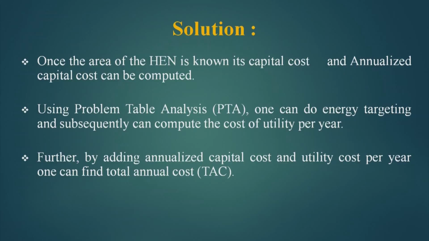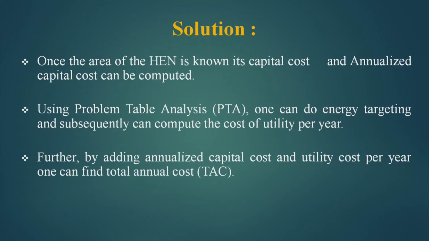Now, if all these data are known, we can do the area targeting. So, the first part will be area targeting, and based on the area targeting we will have the area of the heat exchanger network, and that area will be used to find out the capital cost of the heat exchanger network. Once the area of the network is known, its capital cost and annualized capital cost can be computed.